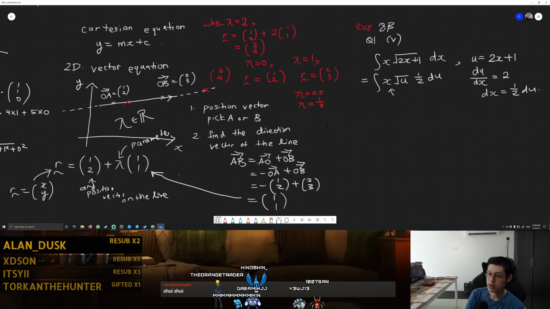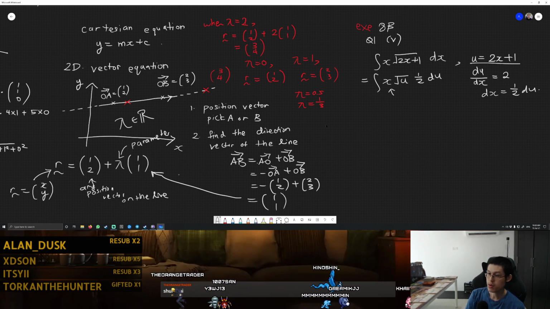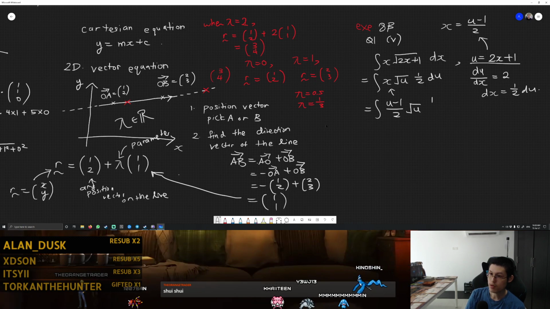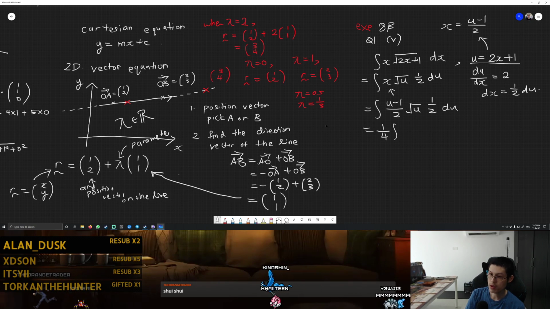But you can see there's an x over here. Since 2x plus 1 is u, making x the subject gives (u minus 1)/2. So this is (u minus 1)/2 times square root of u, and then there's a 1/2 here. I take out both halves, so I have 1/4 out here: (u minus 1) square root of u du.